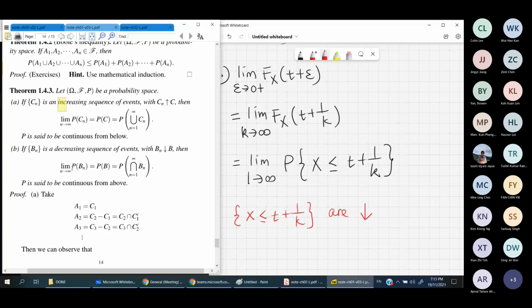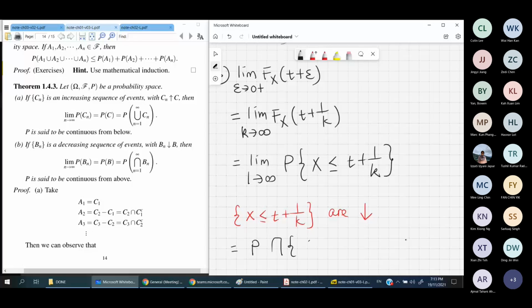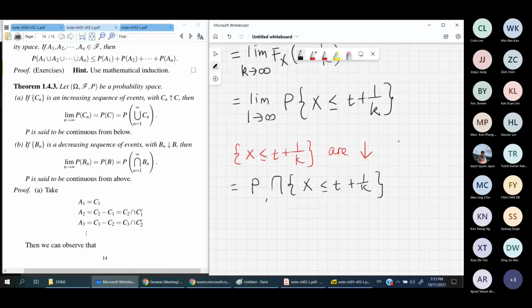When we have a decreasing sequence of events, we can have a formula like this. Then we use the same theorems, and we can see this is equal to P of the intersection of the events X less than or equal to t plus 1 over k, with k running from 1 to infinity.